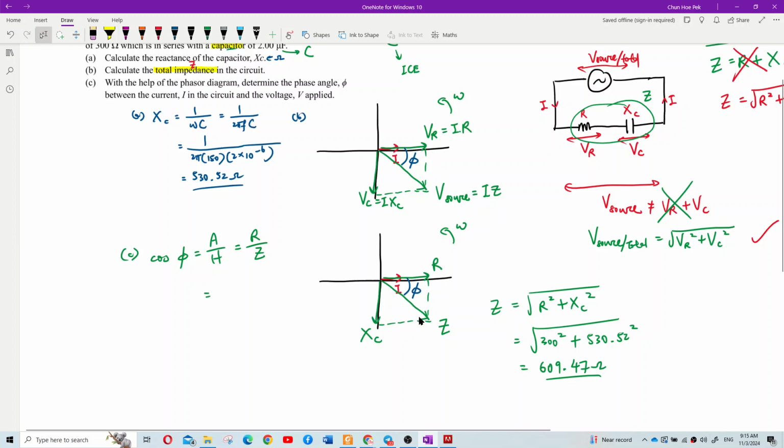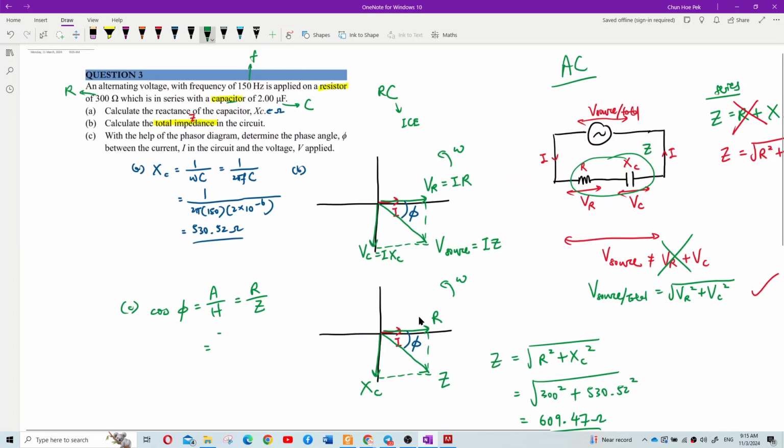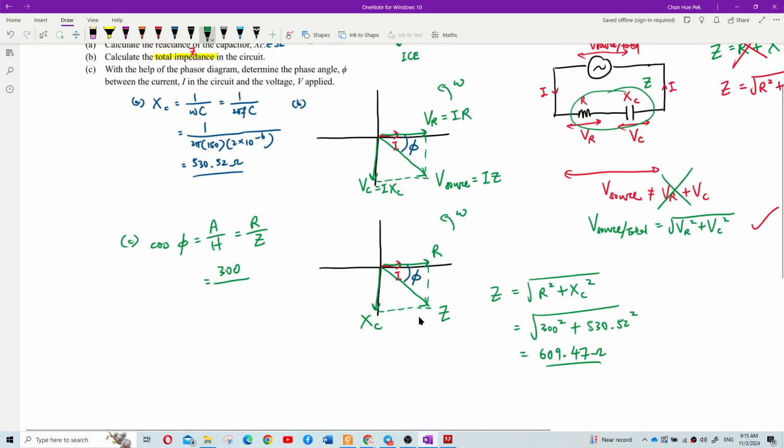So you got your R is 300 ohm. Your Z is 609.47. So and then you anti-cos lah. So 300 over 609.47, anti-cos, the answer.